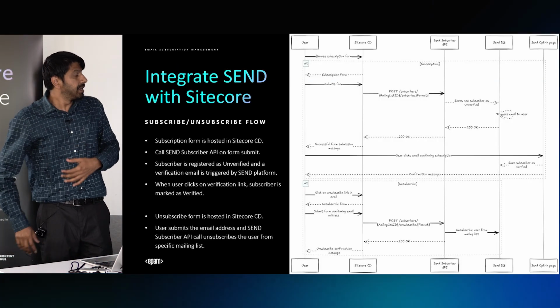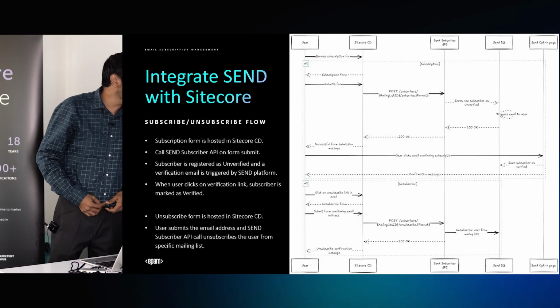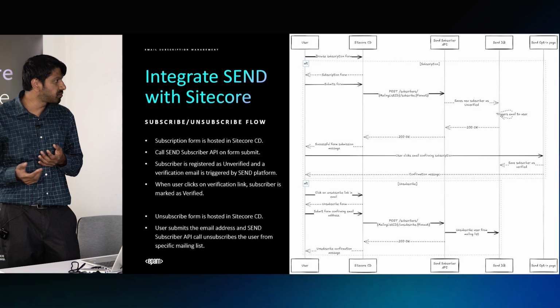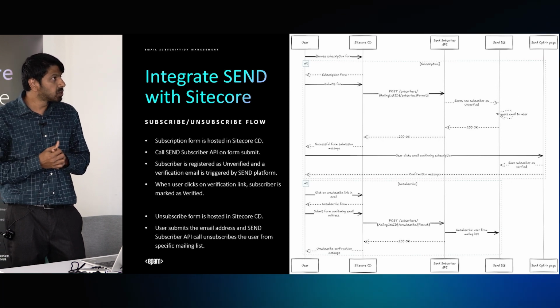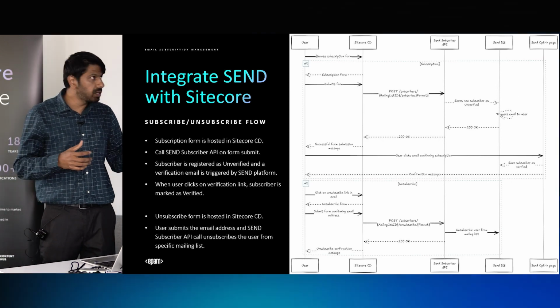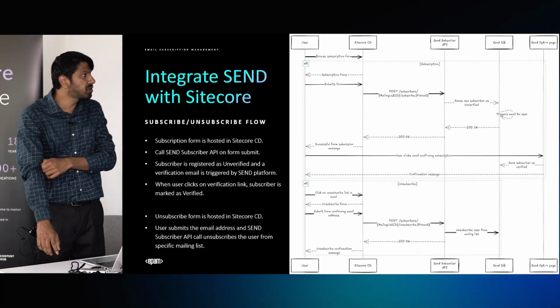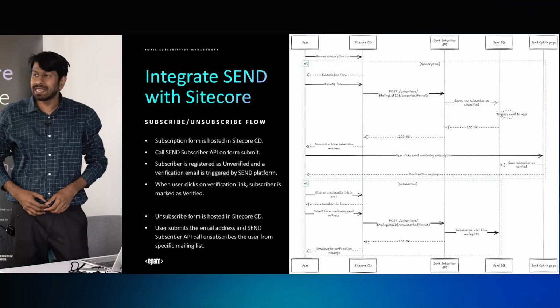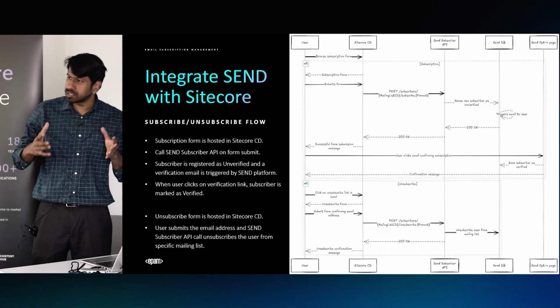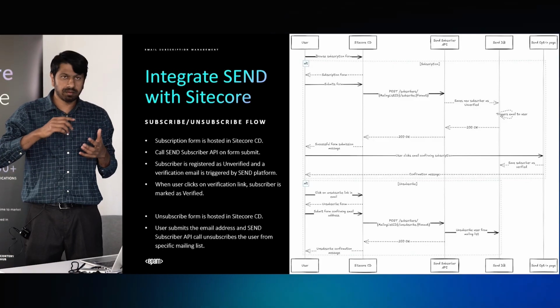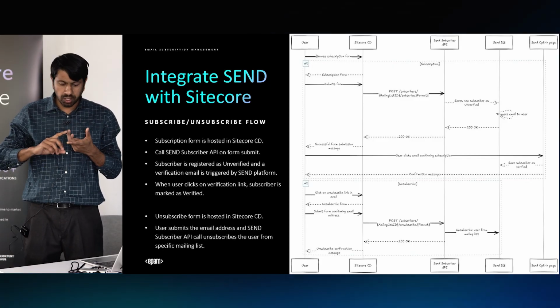Now we will talk about a more practical example of how we did it for one of our clients. Here I will talk about how we integrated Sitecore with Send. We created the subscription forms on Sitecore, and then using an API call, we trigger the initial email.